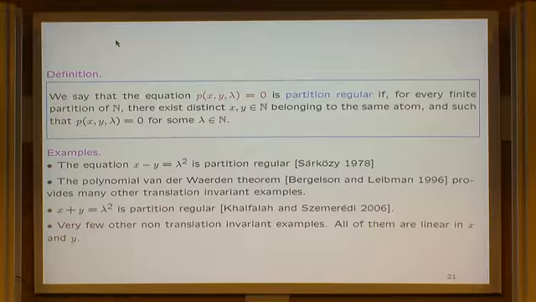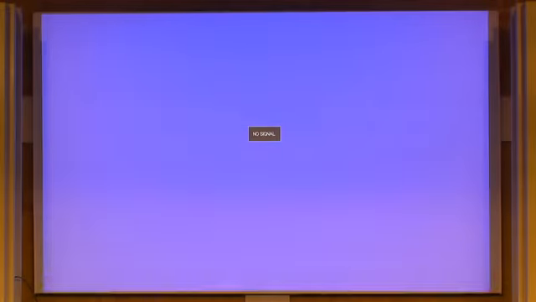You can find x and y of the same color so that the sum is a square. And all the other examples I know are either translation invariant or linear in x and y, like this one, or both.